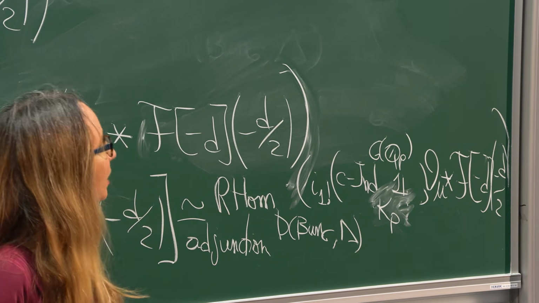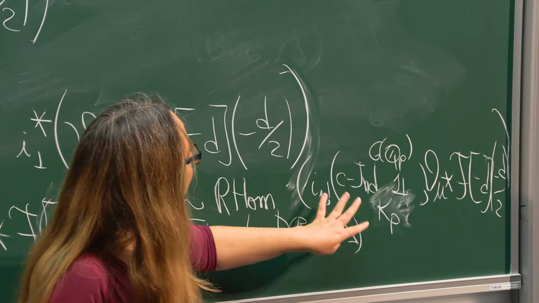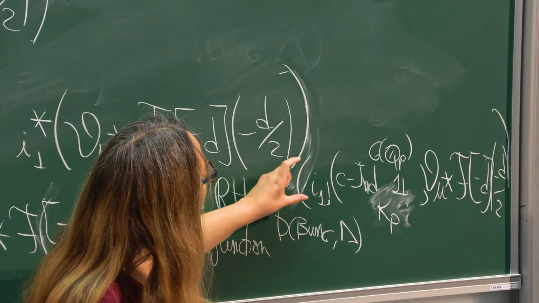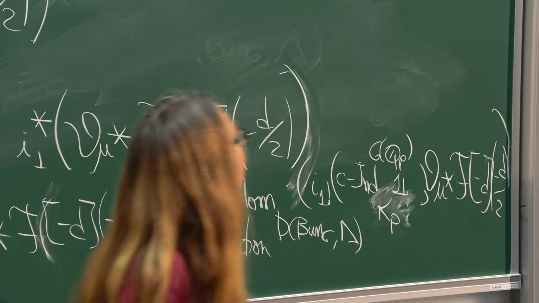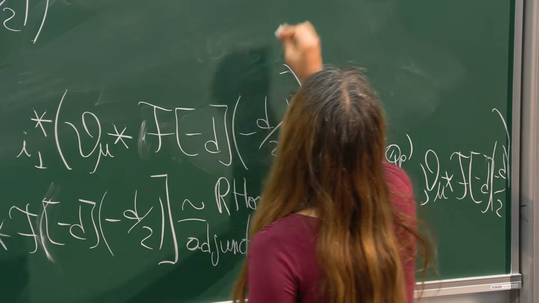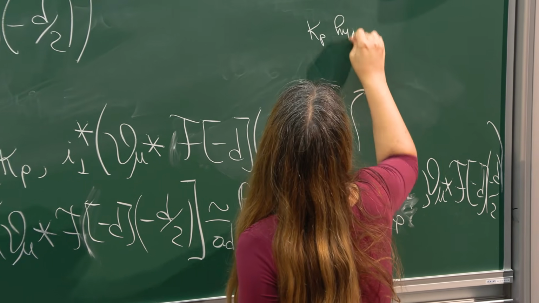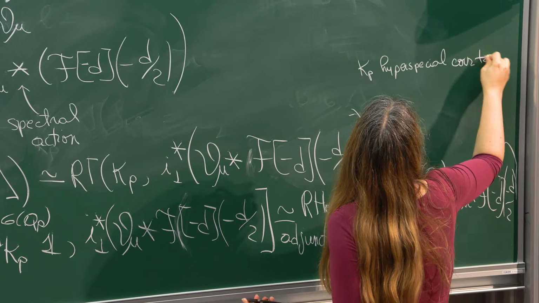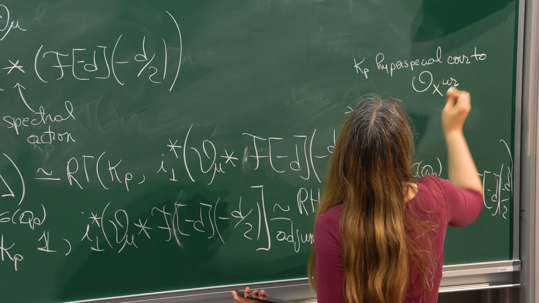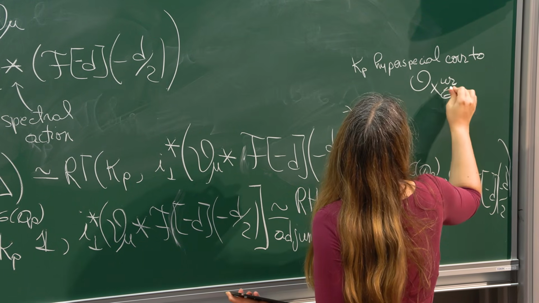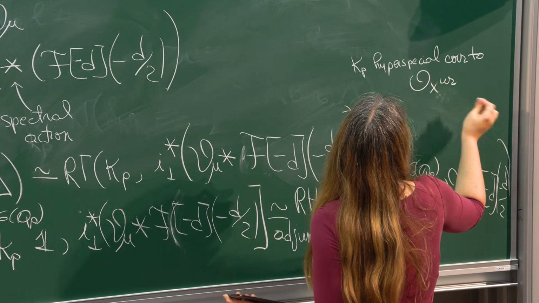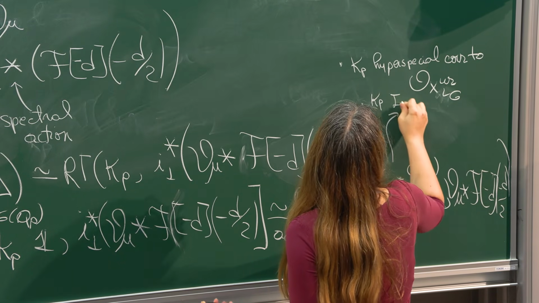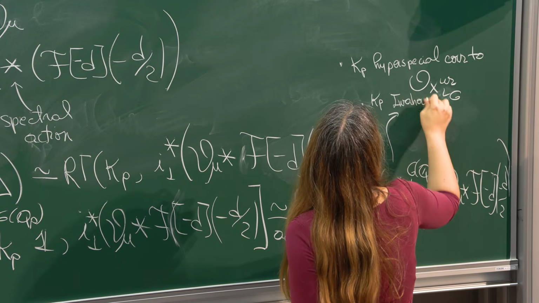Or if I take K_p to be an Iwahori subgroup, then this would correspond to the coherent Springer sheaf. So when K_p is hyperspecial, this corresponds to the structure sheaf of the unramified locus on X_{L,G}, I guess, and when K_p is Iwahori, this is known as the coherent Springer sheaf.